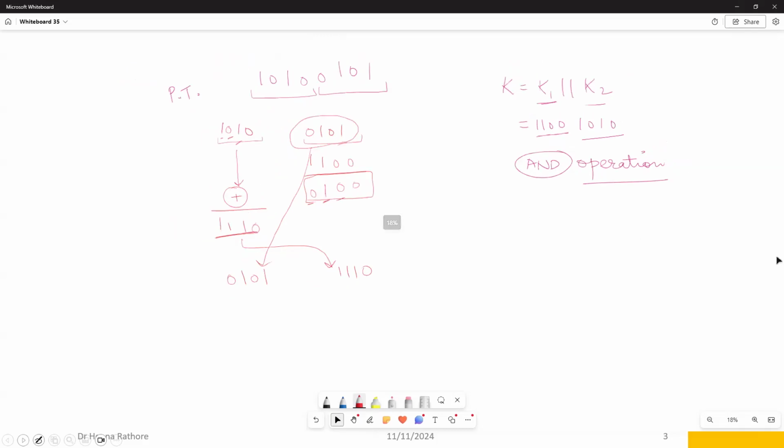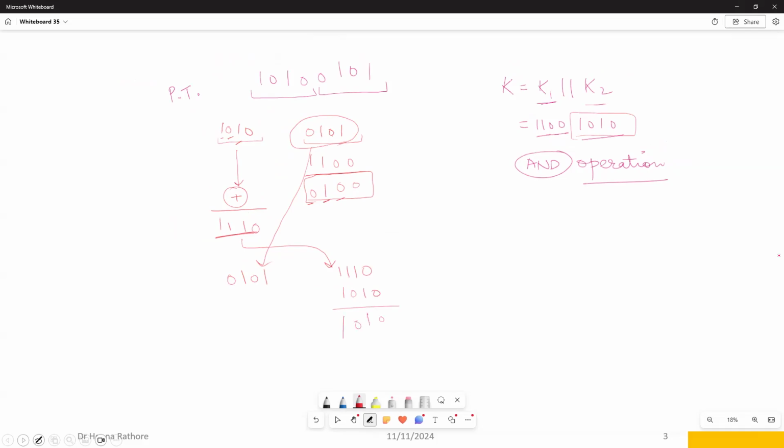Now once again we do the same operation, but using the key 1010. So again I take 1110 and AND it with 1010. So this would be 1, this would be 0, this would be 1, this would be 0.